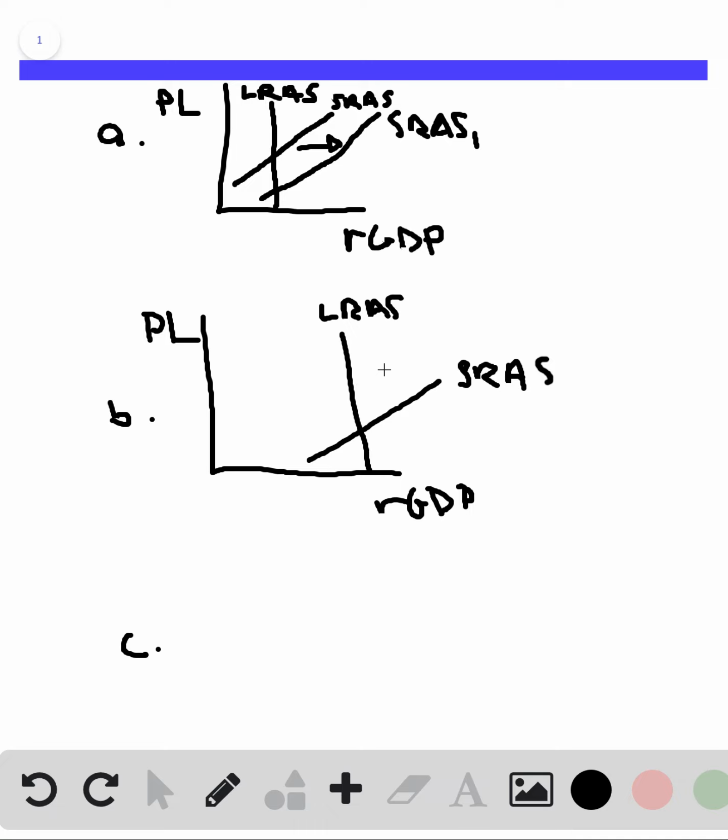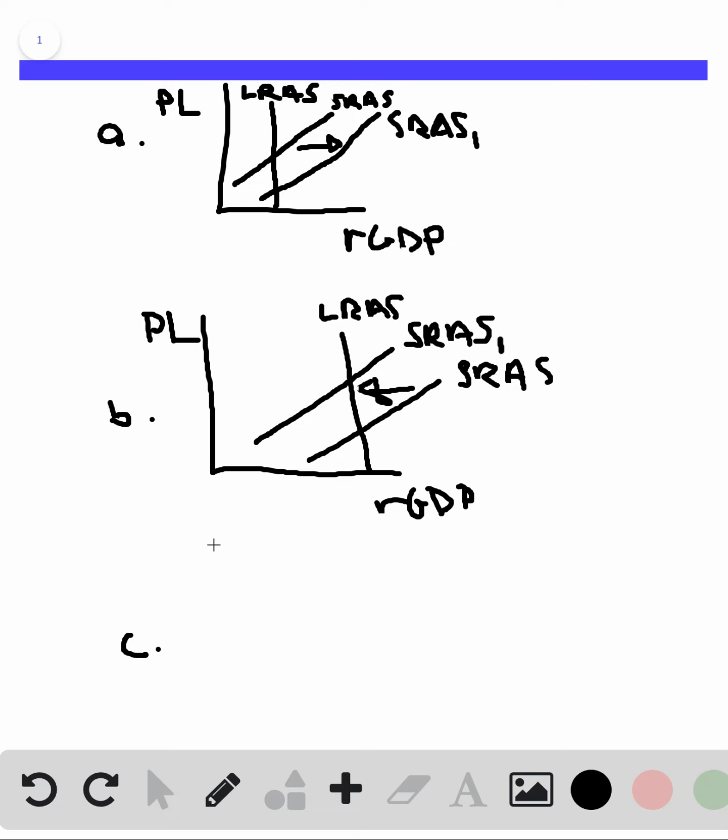So if we previously underestimated it, that means the prices are more expensive now than we thought it would be. That means that it costs more to make the same outputs than we thought it would cost. So that means that we can now make less because it costs more to make it. So we're going to have a decrease or a leftward shift in our short run aggregate supply curve.